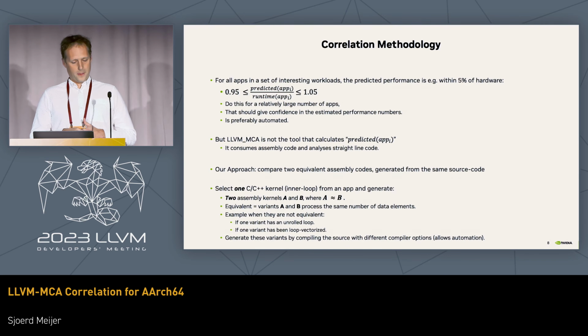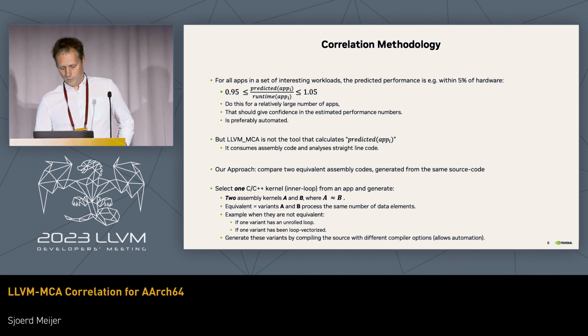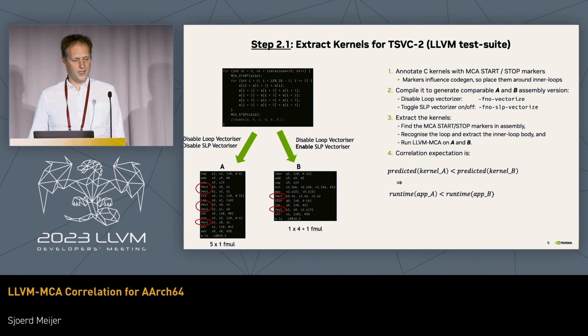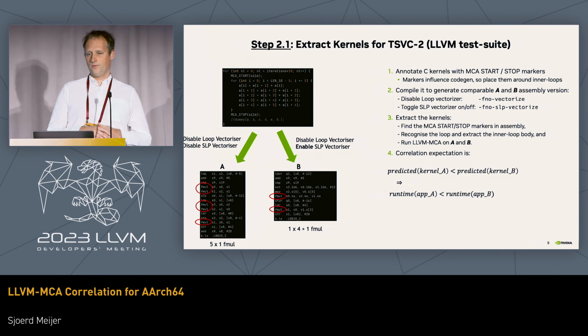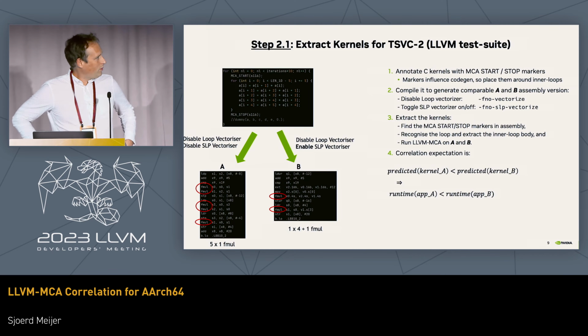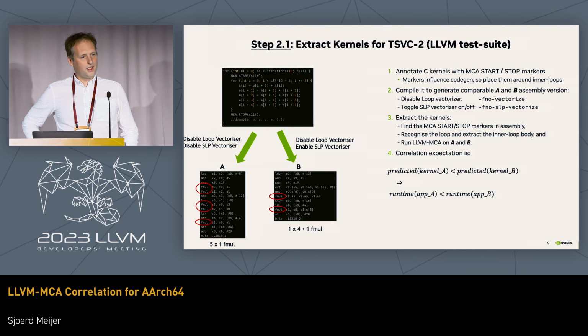Or if one of the variants has been loop vectorized, it also processes more data elements, and then they're also not equivalent. So we want to generate these two different variants by compiling the same source with different compiler options, and we want to do this in an automated way so that we can do a large sweep of different workloads.